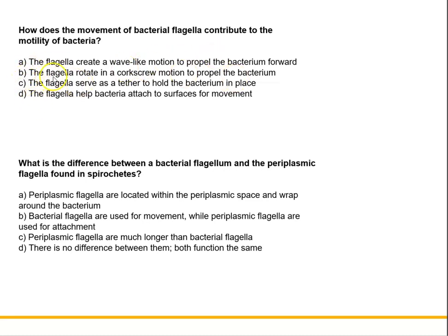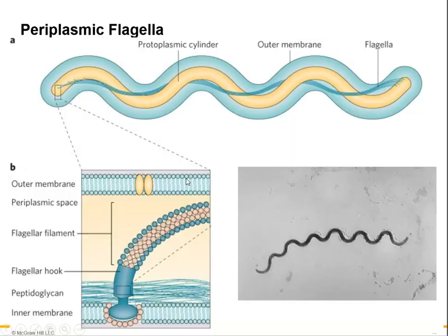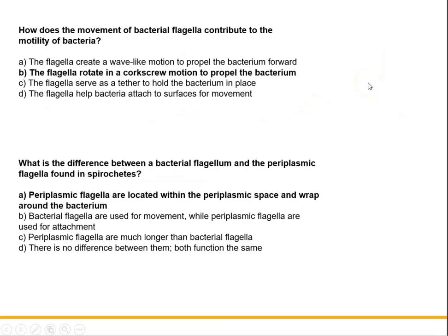So the answer here is going to be B. What is the difference between a bacterial flagellum and the periplasmic flagella found in spirochetes? Well, remember that the periplasmic flagella are going to be inside that periplasmic space, and they kind of wrap around the organism here. So the answer there is A.